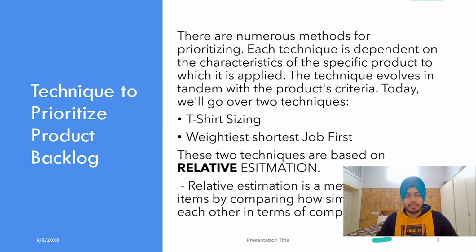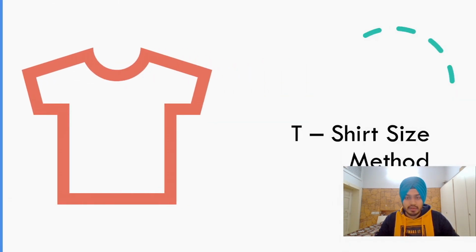So this would be a much better approach and will be very close to the actual effort. So the two techniques that I am going to discuss are based on relative estimation.